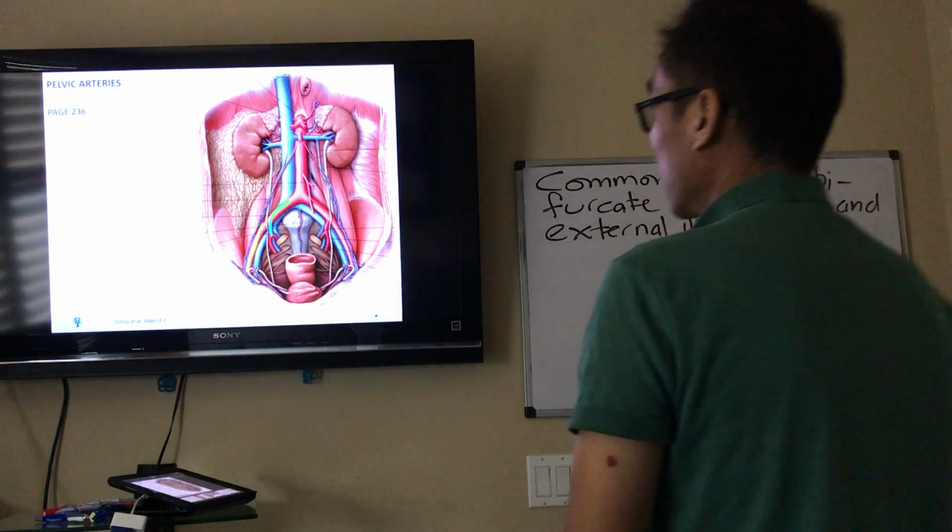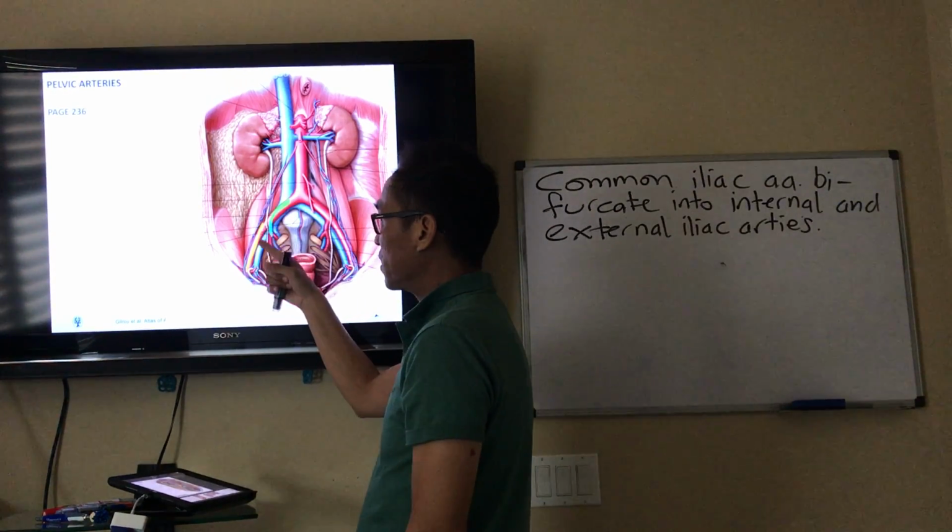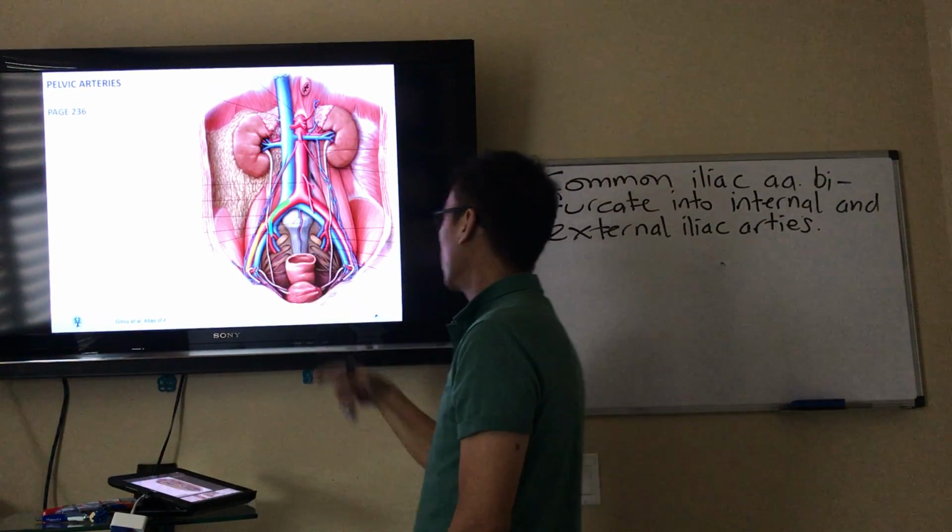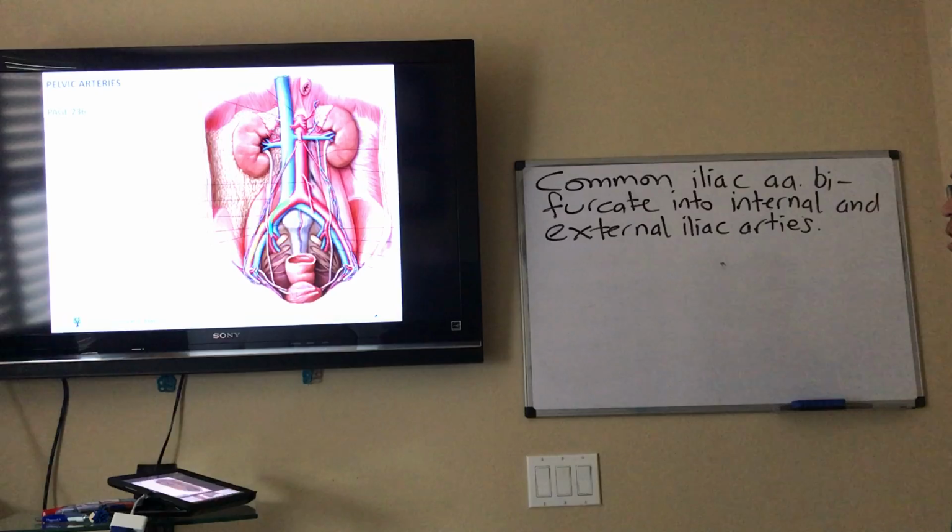Now in my picture, the external iliac artery is yellow, and this bluish color is the internal iliac arteries.